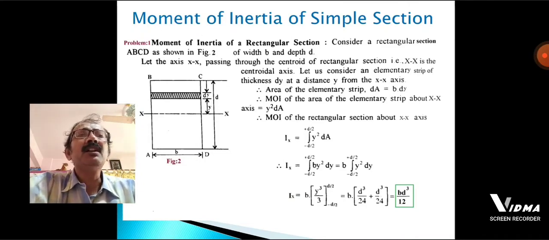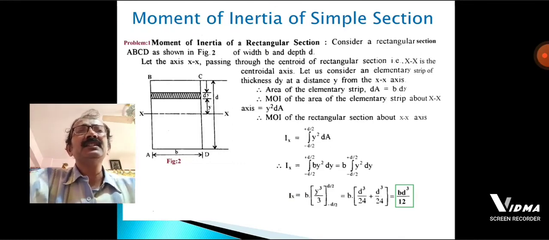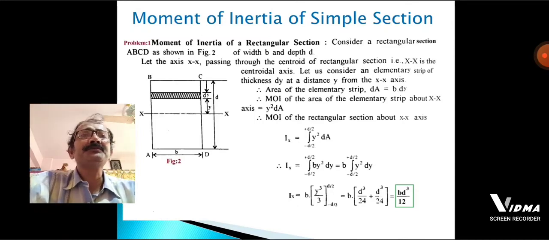Now the area of that strip is b into dy, the small rectangular strip area. The moment of inertia of the elemental strip about the xx axis is distance square into area, that means y square into dA.